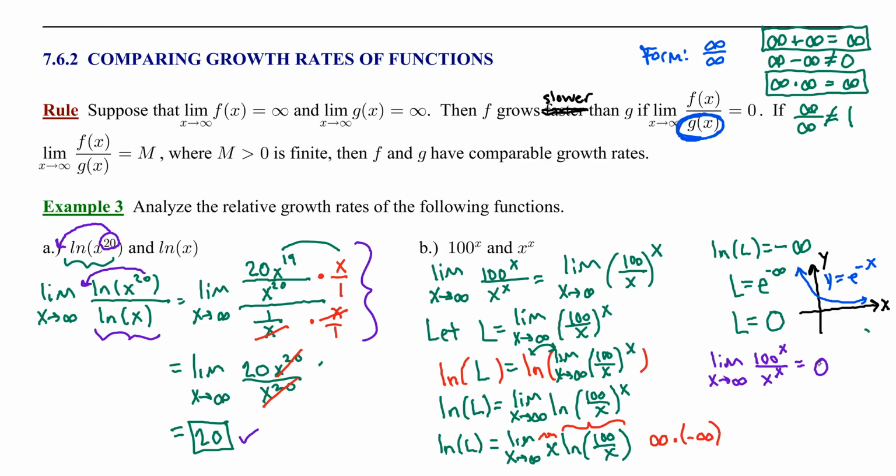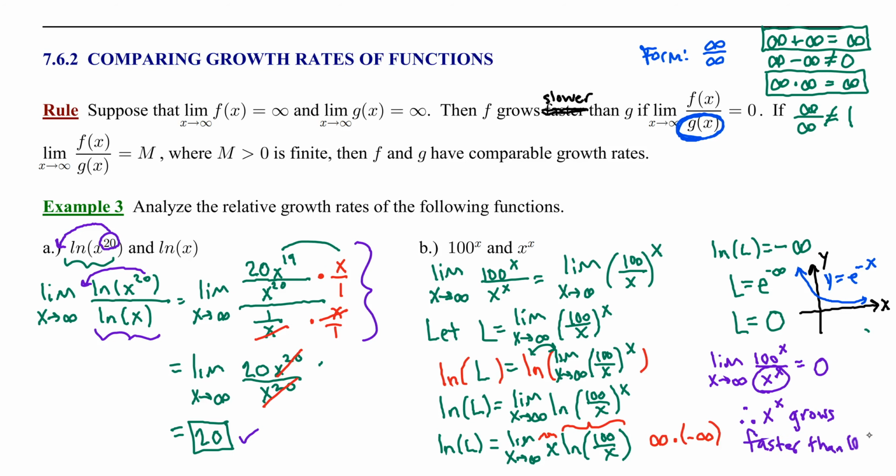The only way for this limit to be 0 would be if the denominator is increasing faster than the numerator, right? Because if the denominator of a fraction increases faster than the numerator, the value of the fraction decreases.